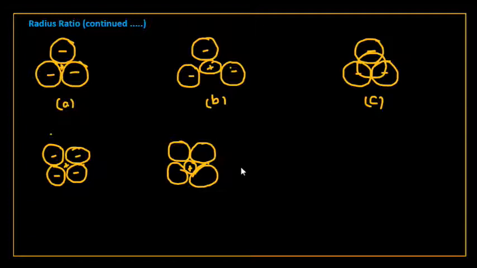And so these are the four anions. Now the cation is a little bigger still, so this is touching.